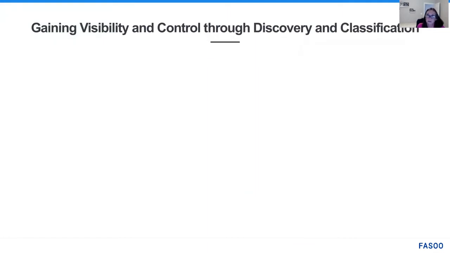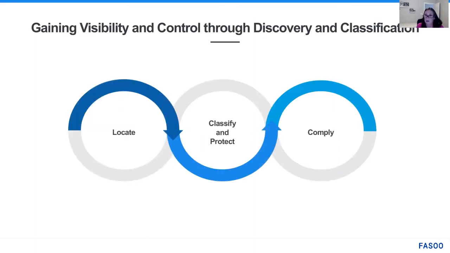So the path to gaining visibility and control of that sensitive unstructured data is through discovery and classification. So when thinking about what I talked about in the earlier slide and how unstructured data can easily get out of control, you really need to locate it. If you don't know what data exists, you couldn't possibly protect it.